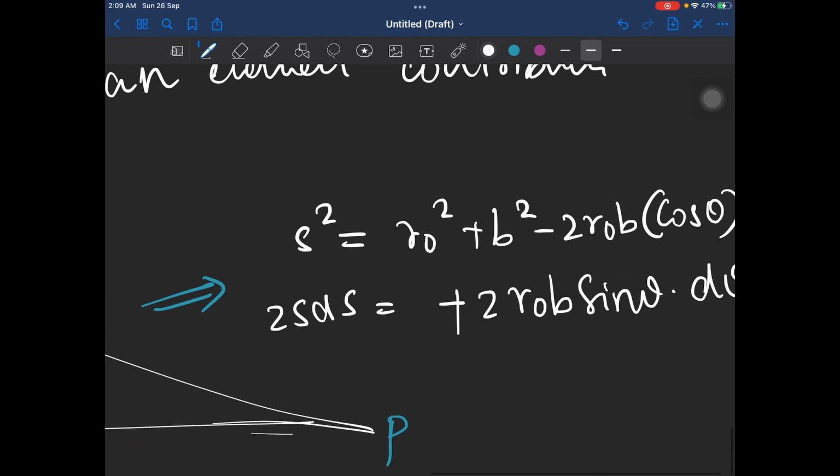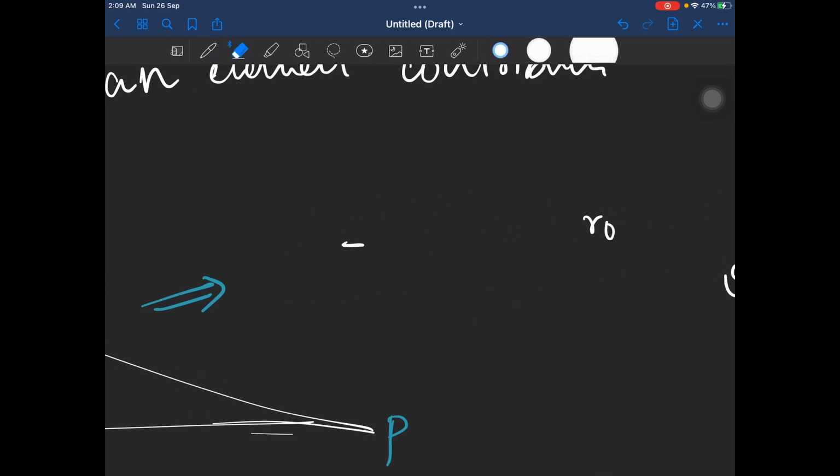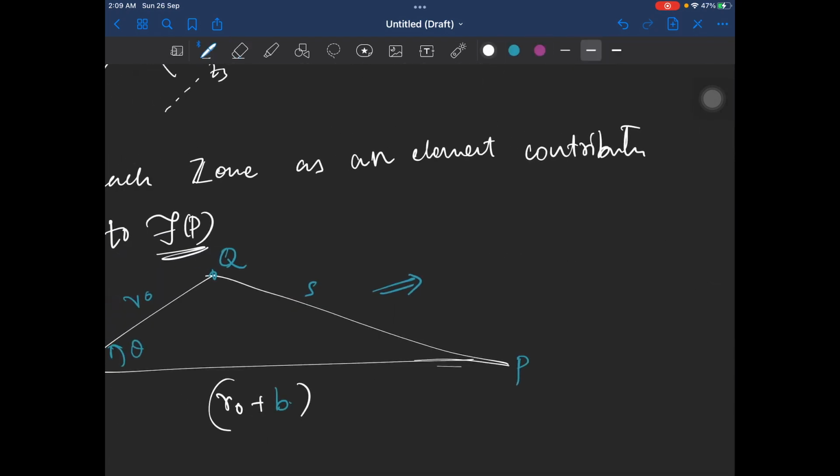And here, from the cosine rule, we have s square is equal to r naught square plus r naught plus b whole square minus 2 r naught plus b cos theta.